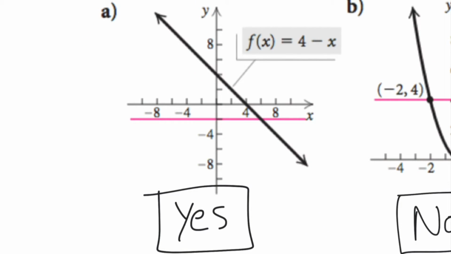And this function, if we were to flip it over the line y equals x and do vertical lines, that would be the same thing as just taking a horizontal line on the original. So is this function's inverse a function also? And the answer is yes, because I drew many horizontal lines, and they only intersect at one point.